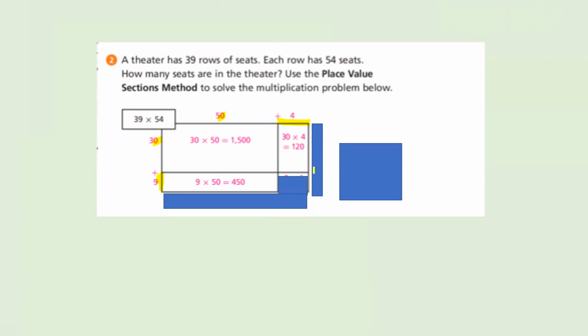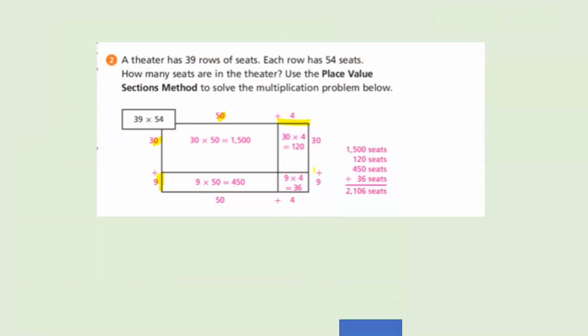And then 9 times 4 is 36. So now we just have to have our answer. We're adding up each of these, right? We're adding this area, this area, this area, and this area. And our final answer is 2,106.